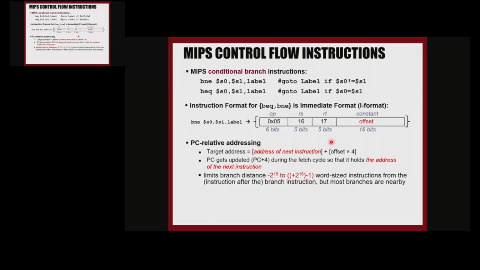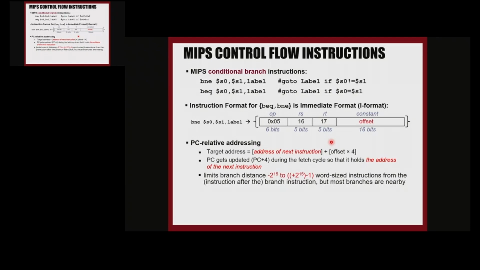The word is 4 bytes, that's right. But what does it have anything to do with this one? It's also like the number of steps you are going from the first address, so it should be multiplied by 4. That's right. So the answer is, the offset is going to tell you how many instructions you should move forward or backward from where you are to take the branch.